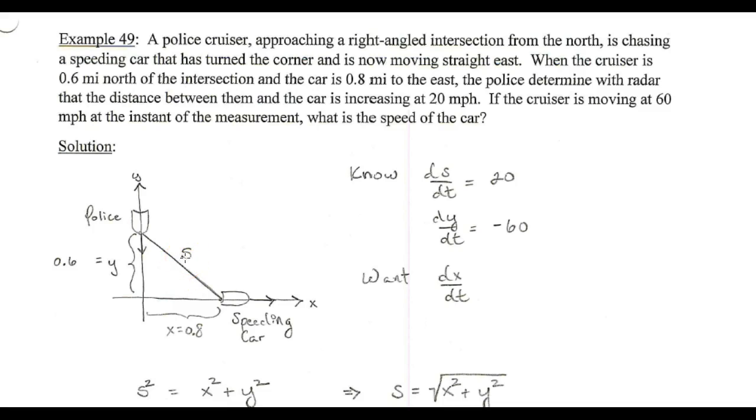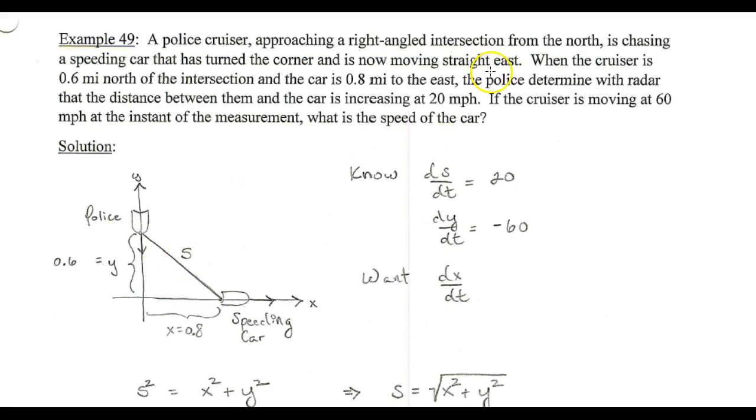Okay. So what do we know? We have three variables, right? s, y, and x. We know ds/dt, the rate of change of the distance between the police cruiser and the speeding car, is 20 miles per hour. It says the police determine with radar that the distance between them and the car is increasing at 20 miles per hour. So ds/dt is 20.